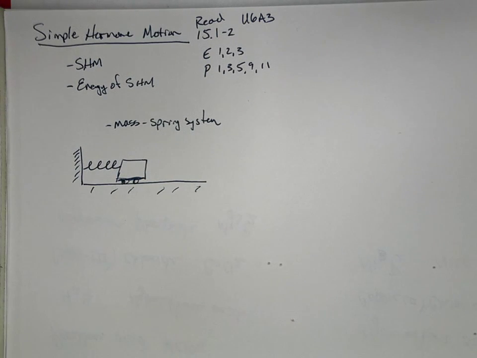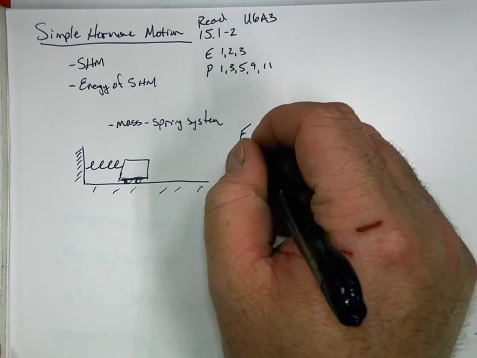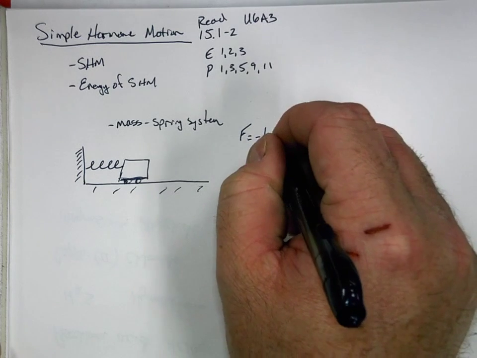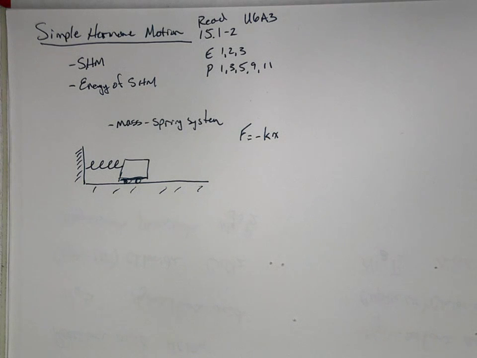If you stretch a spring, you'll get a force opposite the direction of extension. So Hooke's law: the force of a spring equals negative kx, where k is the spring constant.